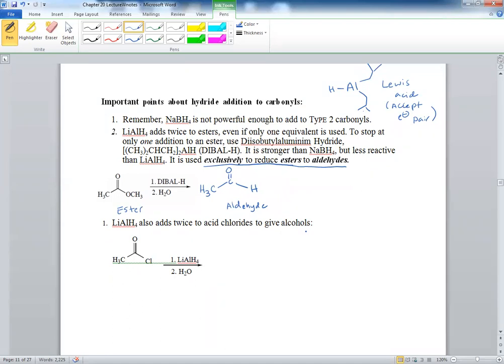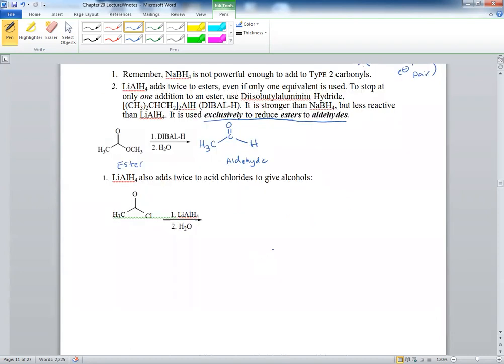Now let's go to the next reaction we have here, which is that lithium aluminum hydride adds twice to acid chloride to give alcohols. So what I would like you to do is to pause my video and work out the mechanism for this.